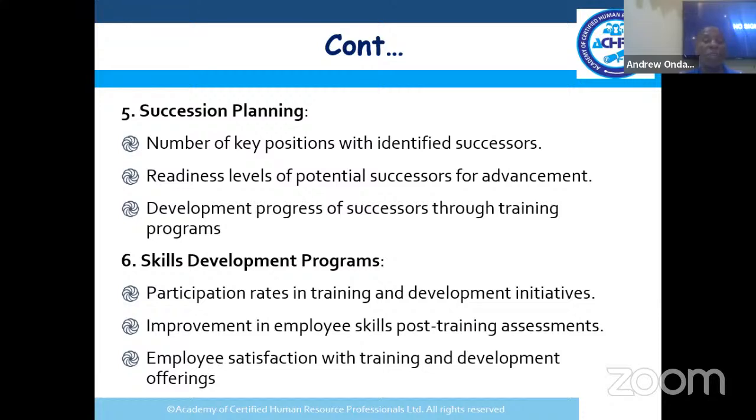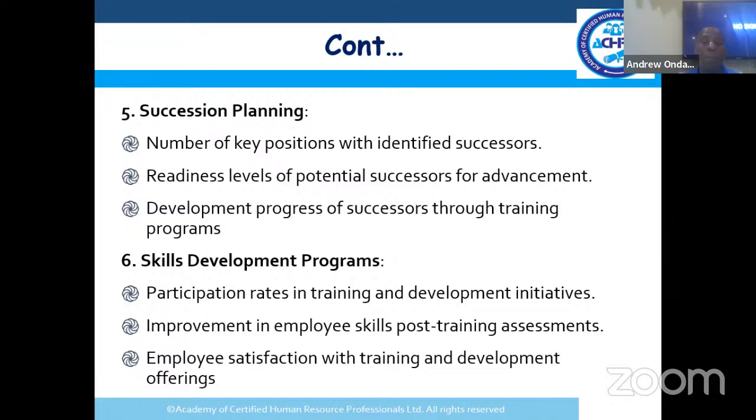So in succession planning, we look internally and look at the number of positions with identified successors. Remember, I said a little earlier that successors are those people with the potential. These are the ones to take over those key positions. So as HR auditors, you need to look at the numbers.